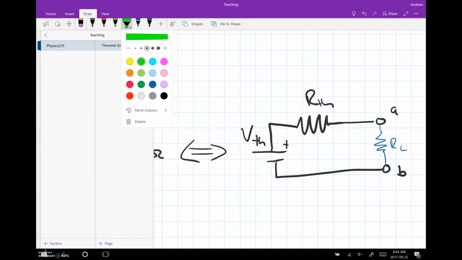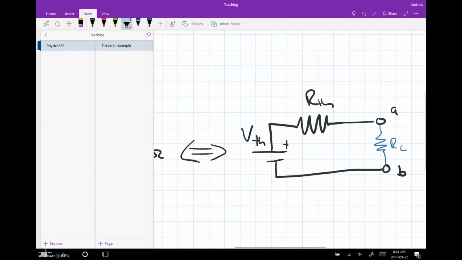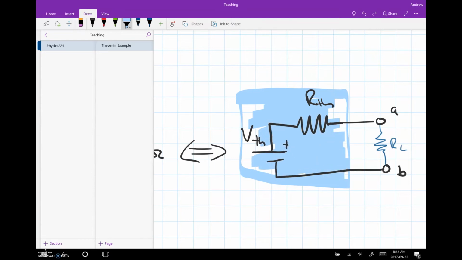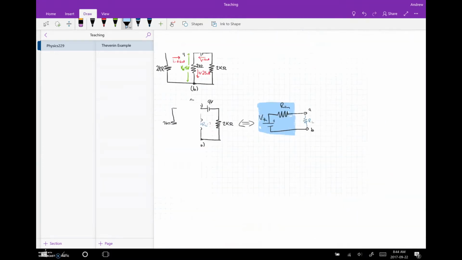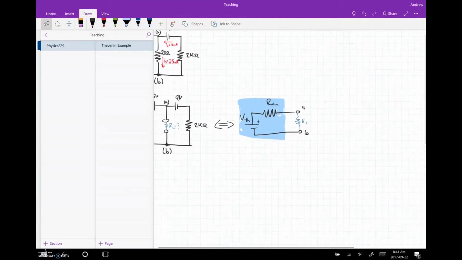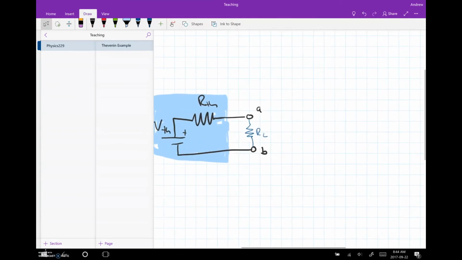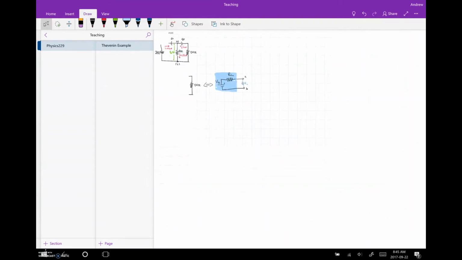So the whole idea is that this is some kind of black box with just leads sticking out of it, and we want to treat it as such, use it as a voltage source. So what is our output voltage, by the way, when we plug anything across terminals A and B?